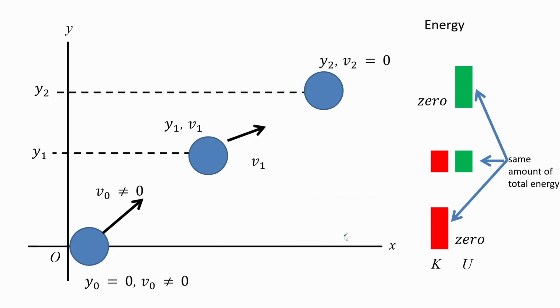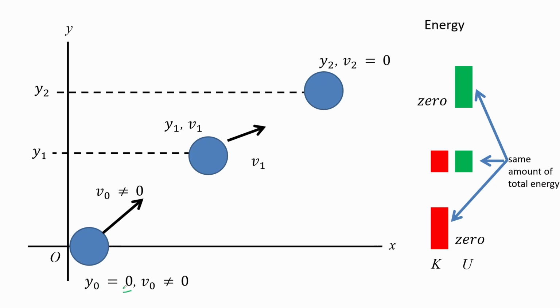Now, let's look at this figure. Here we have a figure of a sphere that moves, launched from the origin, and it goes up to its maximum. So initially, its initial velocity is not zero, but its position is at zero.